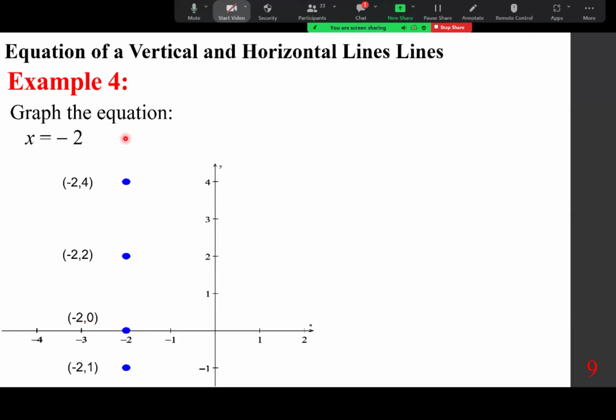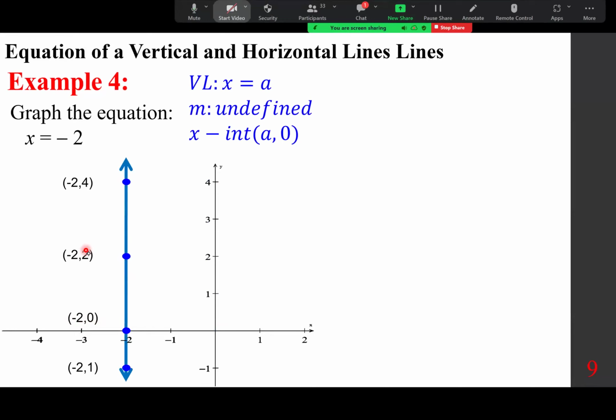So just draw a line parallel to the y-axis. If need be, you can give it a couple of points. A vertical line has an equation x equals a, with the slope being undefined. The x-intercept is located at (a, 0). We had this in the summary.